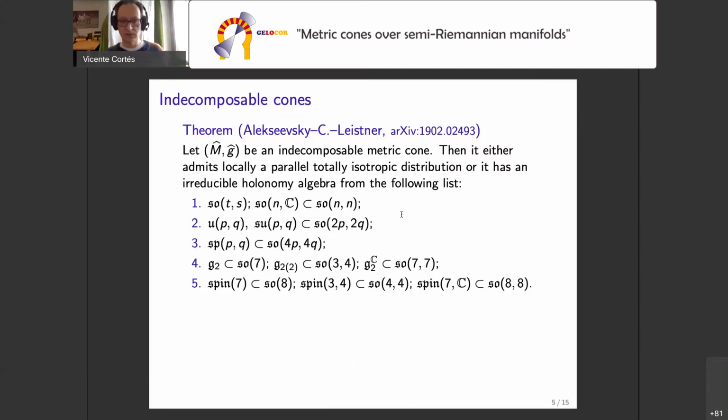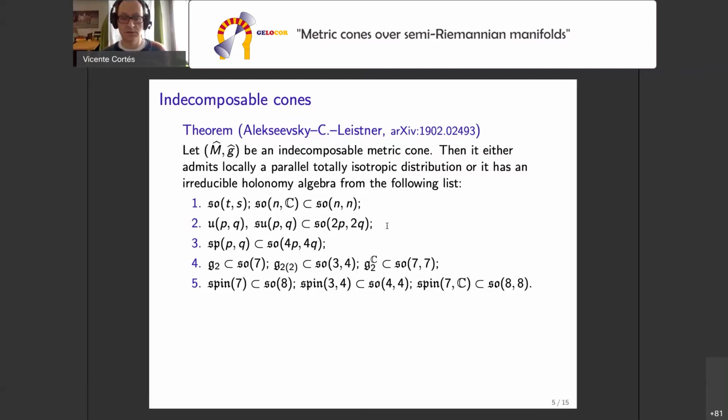So I can illustrate a little bit this list. In the first item of this list, we have the holonomy algebras of orthogonal type, so the algebra SO(r,s), but also the complex orthogonal Lie algebra SO(n,C), which you can realize as a subalgebra of SO(n,n). So for neutral signature, this can occur. Then in the second item, we have a rather interesting special case of holonomy algebras. They all correspond to semi-Kähler or pseudo-Kähler geometries.